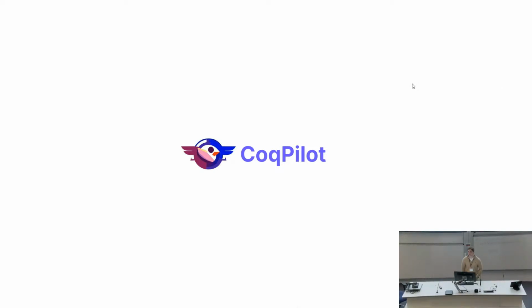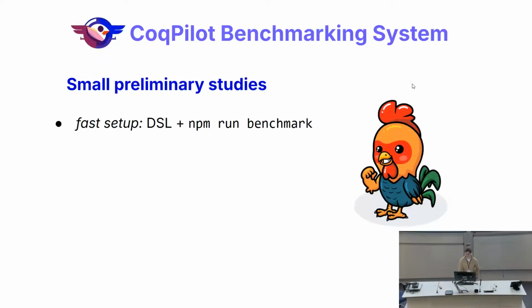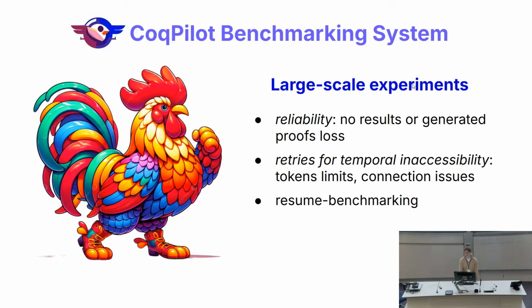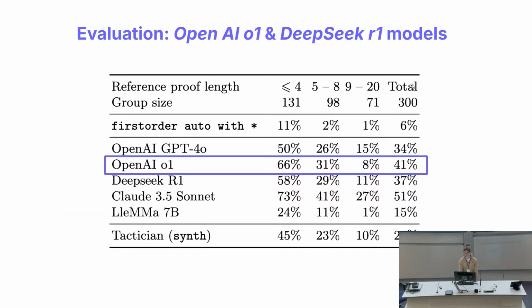Thanks a lot for the very nice talk. I was wondering, on your benchmarks, you are testing on existing projects like CompCert and IMM. You are not worried about data contamination? Yeah, we are. It's an open question. I was curious about your benchmarking on the EB4 project.